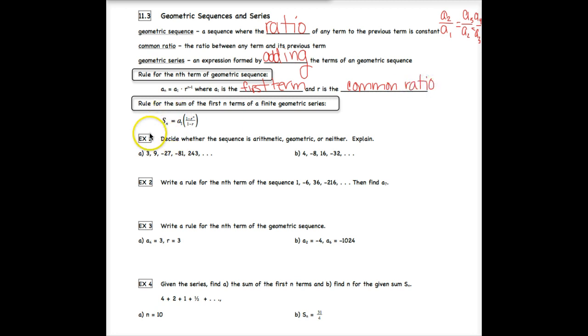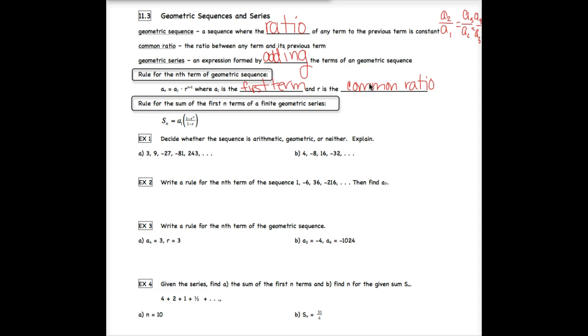Now, when you have a summation, the rule for the sum of the first n terms, and again this only works for finite series, you're going to have first term times 1 minus common ratio to the n, divided by 1 minus common ratio. So those are formulas to use each time in order to find the sum or find the rule.